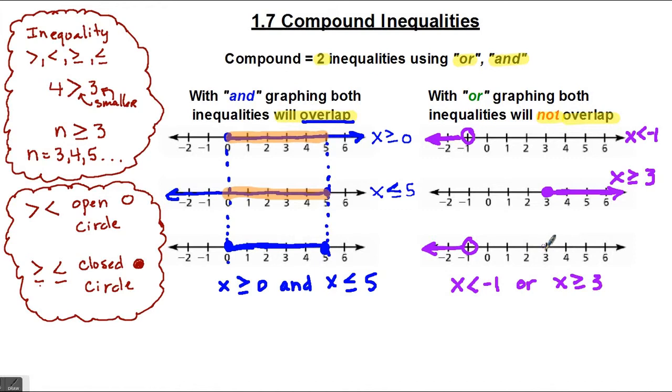And then here we're just going to copy this one. So what you really have is just two independent inequalities, and X can be either one of those two. So that's why the or is it could be less than -1, or it could be greater than or equal to 3. So that's the difference.